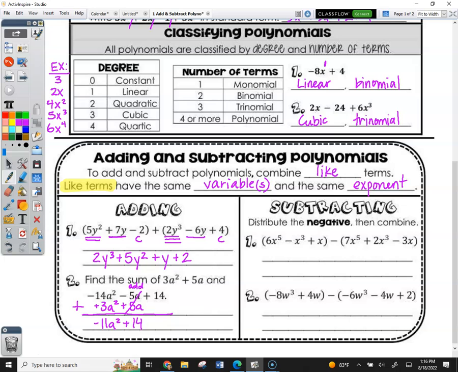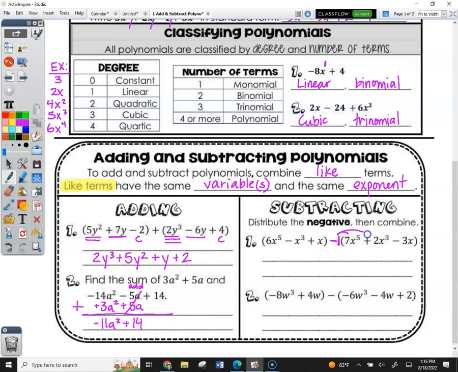Okay, what about subtracting? If you will remember to distribute the negative first, once you distribute the negative, you're no longer subtracting, now you're just adding. So it is still adding like terms. You have to distribute the negative first or you'll get it wrong. So right here, there is an understood negative 1, and it is going to change the sign of everything after it in the parentheses.